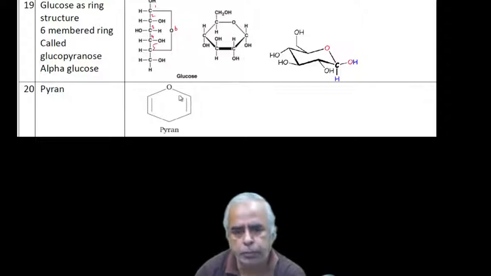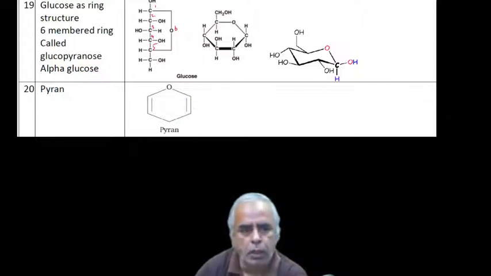So in the case of a pyran, we have the structure like this, and that is pyranose, it's called pyranose. So it is similar to this pyran ring, and that is why it's called pyranose. Similarly, we have furan.